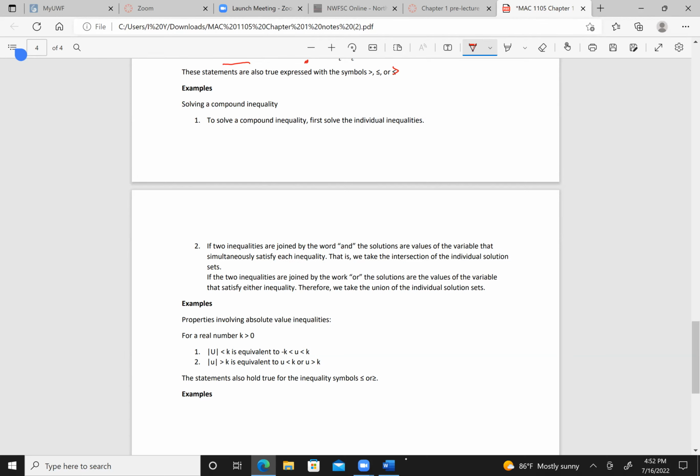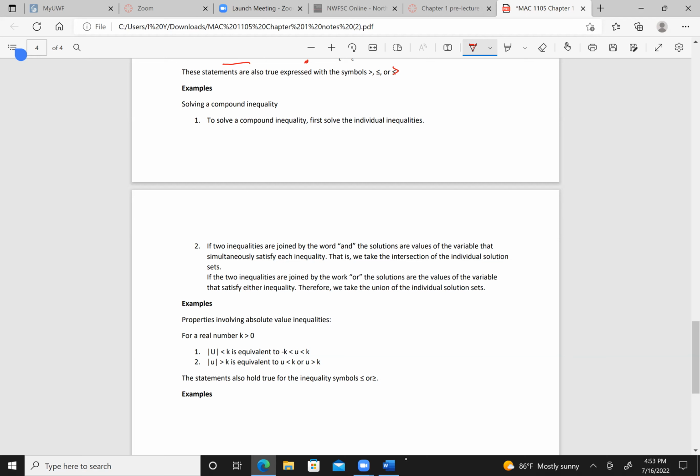If we have and, that means both of them have to be true, so it's the intersection. If the two inequalities are joined by the word or, the solutions are the values of the variable that satisfy either inequality. Therefore, we take the union.